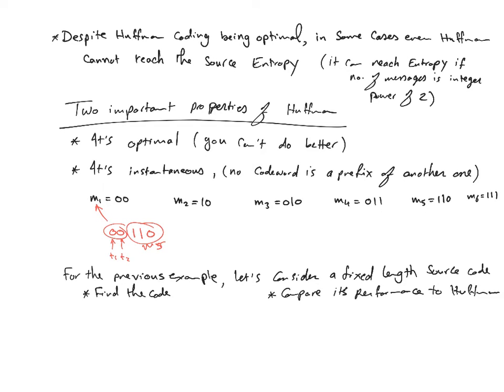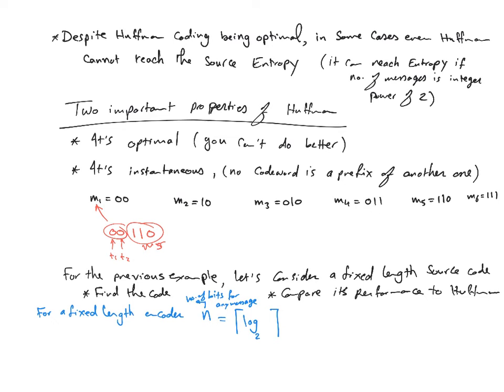So for a fixed length encoder, the number of bits n per message is equal to the ceiling of log to the base 2 of the number of messages.